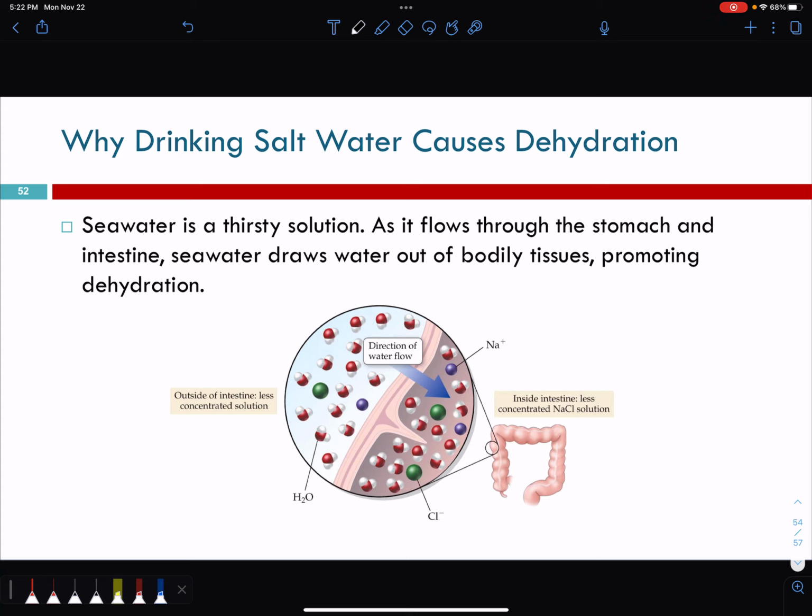So this is why if you're out on the ocean, you shouldn't drink the seawater, because the seawater has a very high level of dissolved solutes. Those solutes, when they flow through your body, instead of the water going into your body, it does the opposite. It actually sucks water out of your GI tract and dehydrates you more.